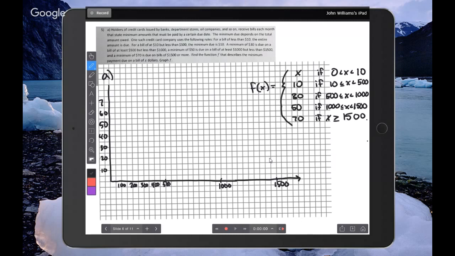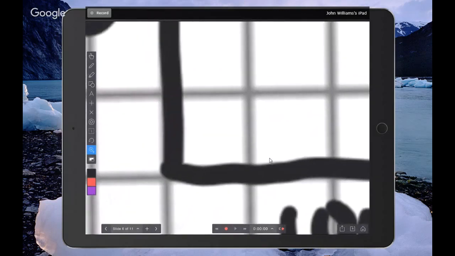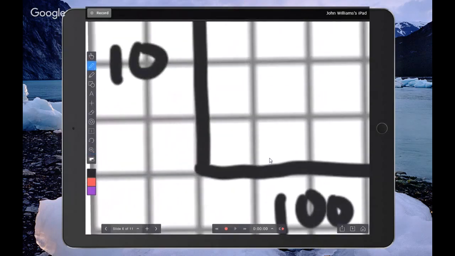And let's see. For less than 10, I'm going to zoom in here. Way in. We're so zoomed in. Here is 5, here's 10. This is x equals 10 in here. It's linear.